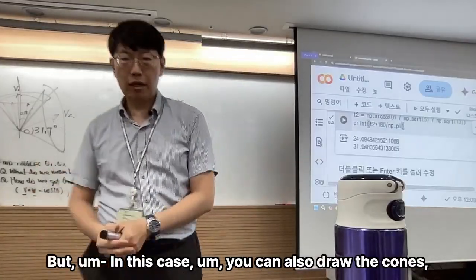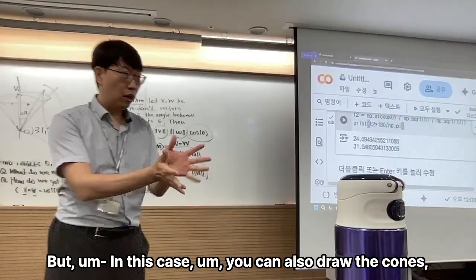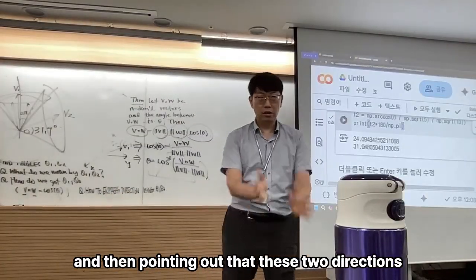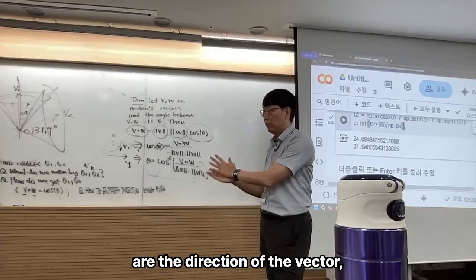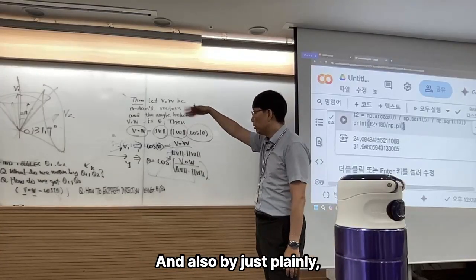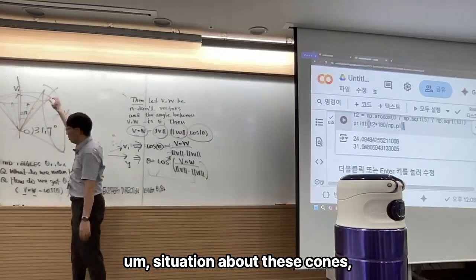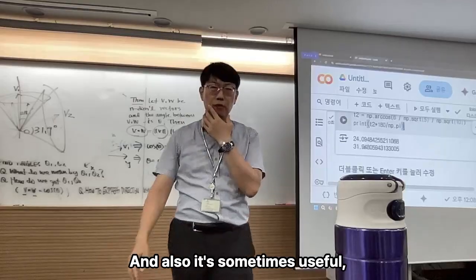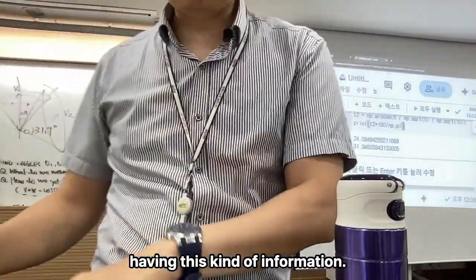But in this case, you can draw the two cones together, see where they intersect, and point out that these two directions are the possible directions of the vector W. And by just plainly describing the situation with these cones, people can understand what you mean. It's also sometimes more useful than having the coordinates of W.